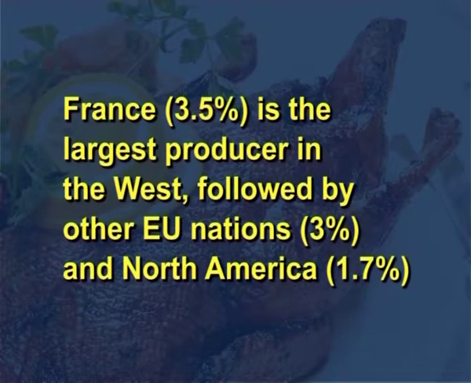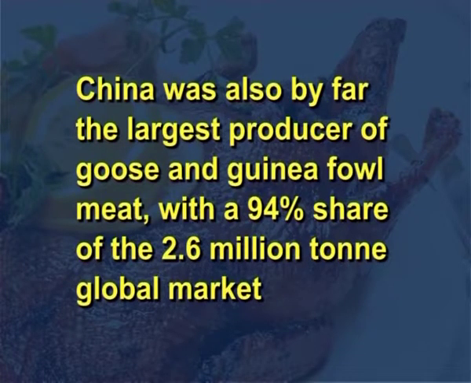France 3.5% is the largest producer in the West, followed by other European Union nations, that is 3%, and North America 1.7%. China was also by far the largest producer of goose and guinea fowl meat with a 94% share of the 2.6 million ton global market.